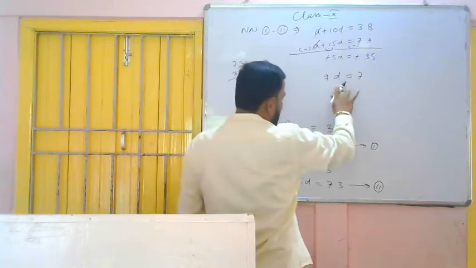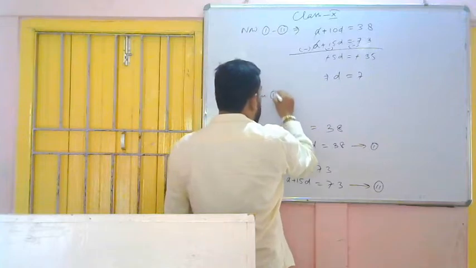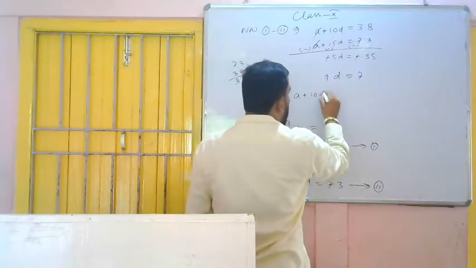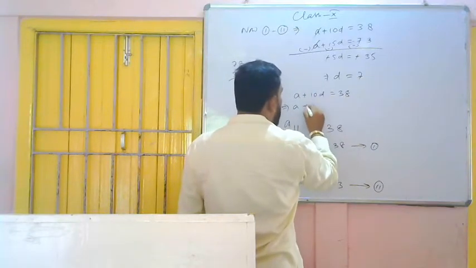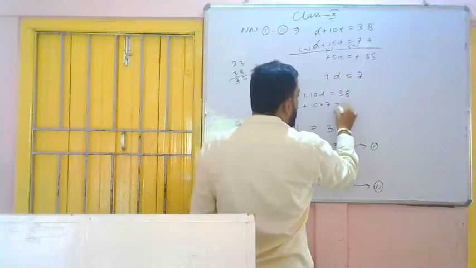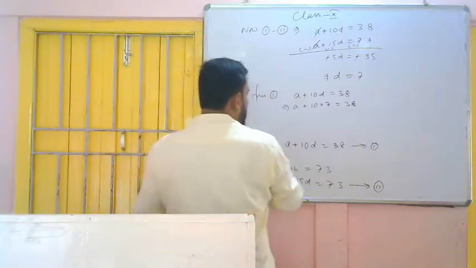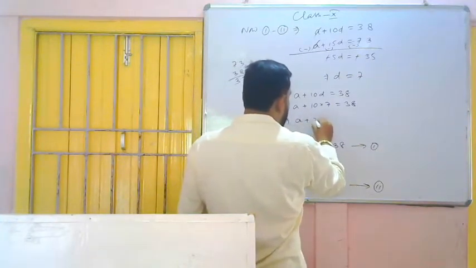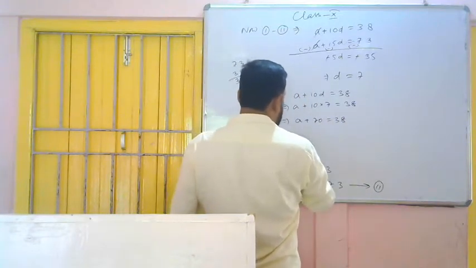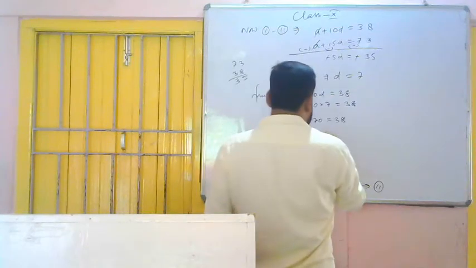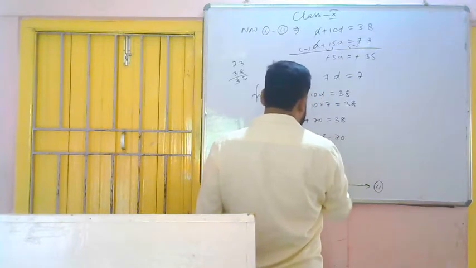So if D is 7, then from equation number 1, A plus 10D is equal to 38 implies A plus 10 into 7 is equal to 38 implies A plus 70 is equal to 38 implies A is equal to 38 minus 70, and what is becoming?